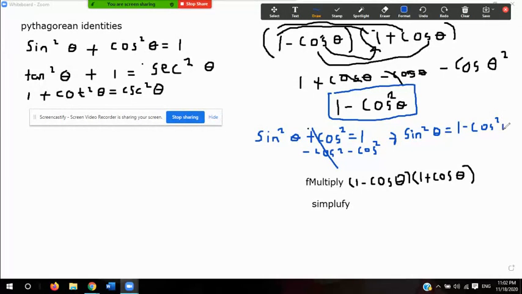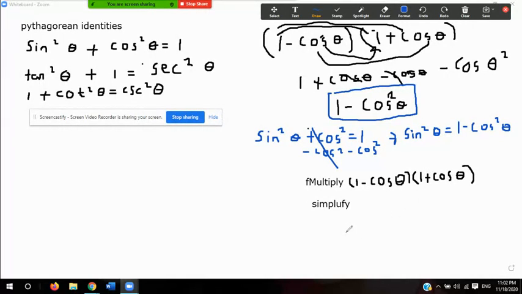Now, what that means ultimately, guys, is that 1 minus the cosine of theta times 1 plus the cosine of theta equals the sine squared of theta.